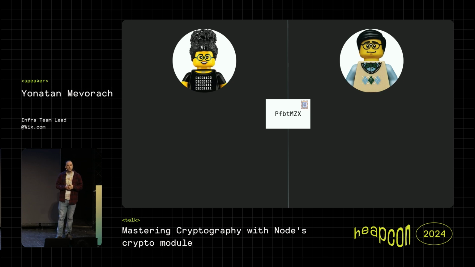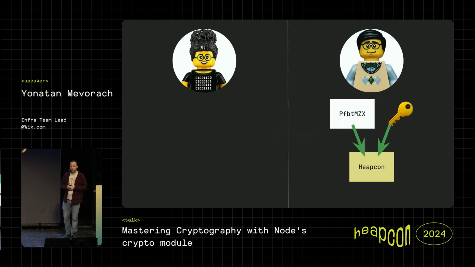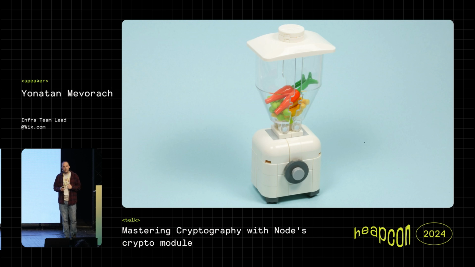Even if this is shared over a channel where Eve can review it, nothing bad happens. In order to perform the decryption, the reverse of the encryption, Bob uses his key and applies the decryption process, and he gets back the original message. So if we want to do this in real life, we need to complicate it a little bit.